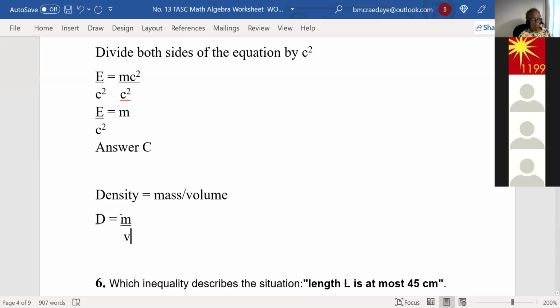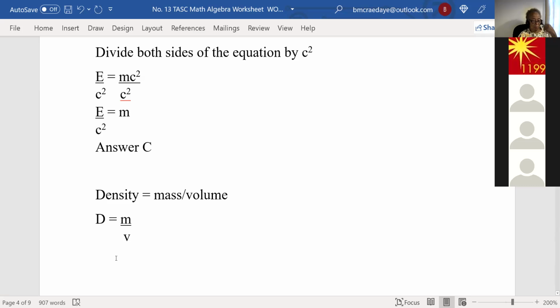Maureen? D equals M over V. So the mass is equal to the weight? No, solve this for M. Maureen, you were about to say what it is? I was going to say M is density, or let's call it... I don't know.